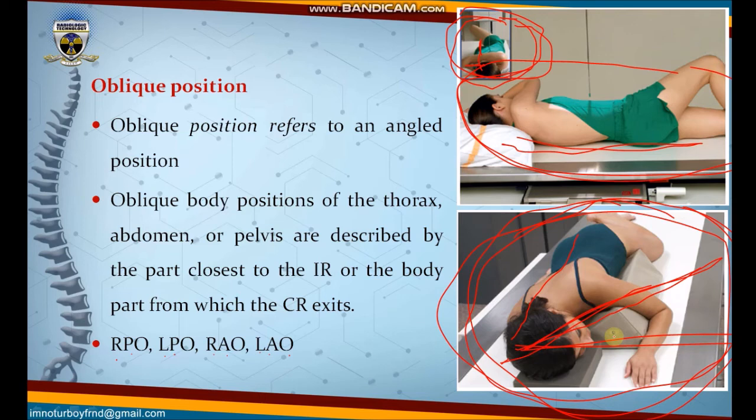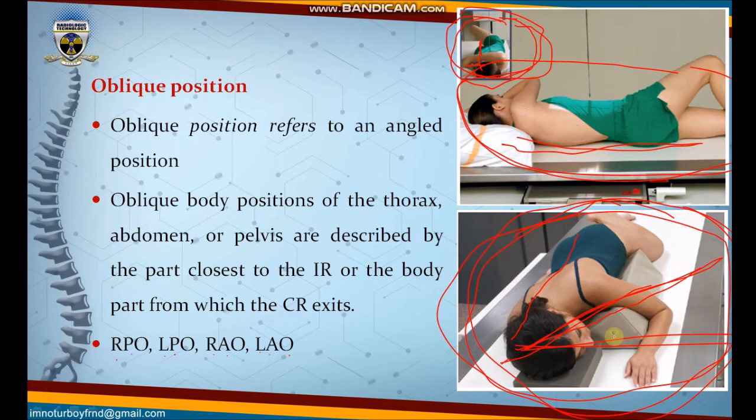Okay? So for the projection, how do we term the projection? It's basically oblique, either PA oblique or AP oblique. So for RPO and LPO positioning, since the posterior is on the IR, the anterior is entered by the central ray, so the projection would be termed AP oblique projection.